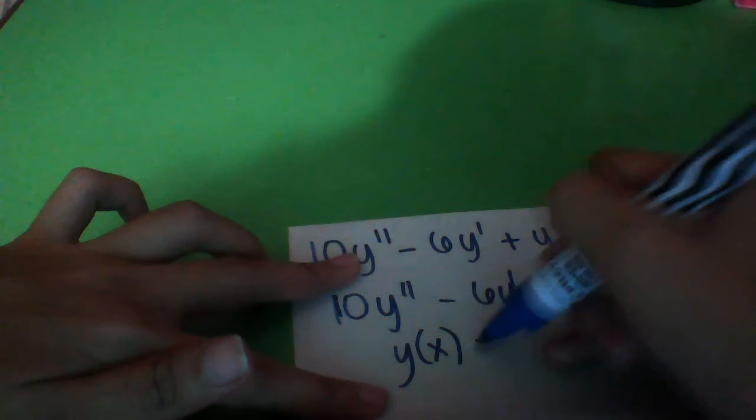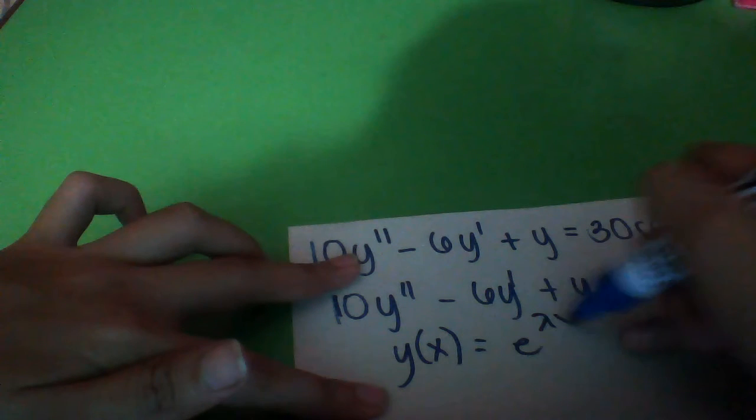This will become 10y double prime minus 6y prime plus y is equal to 0. Then y of x is equal to e to the lambda x.